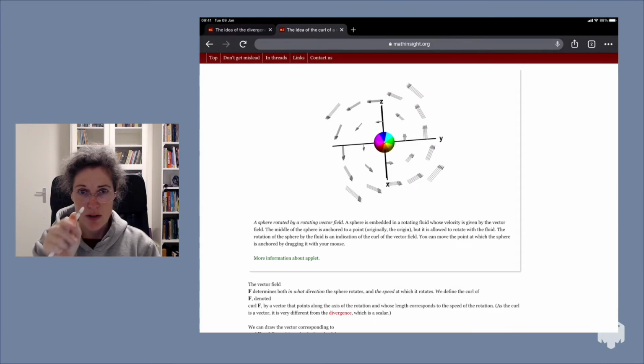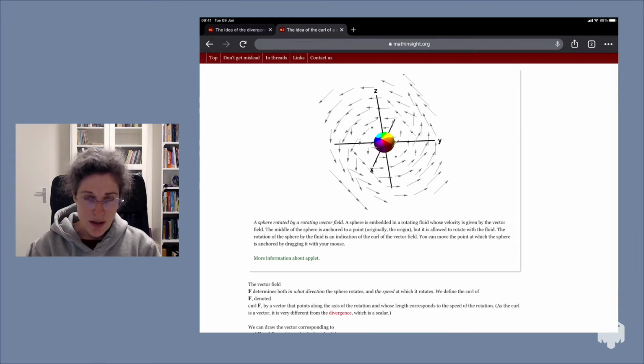It's all constrained around circles. So this probably has no divergence, but it does have a curl. I don't have an example of a vector field that has both, but you can imagine that there would be.